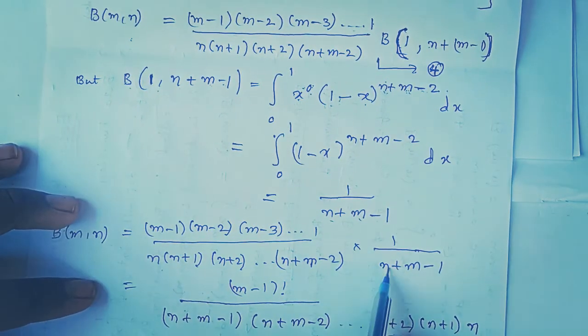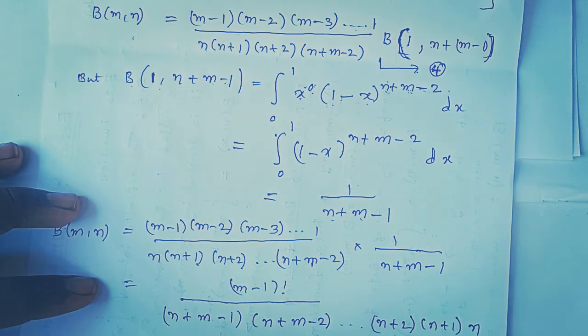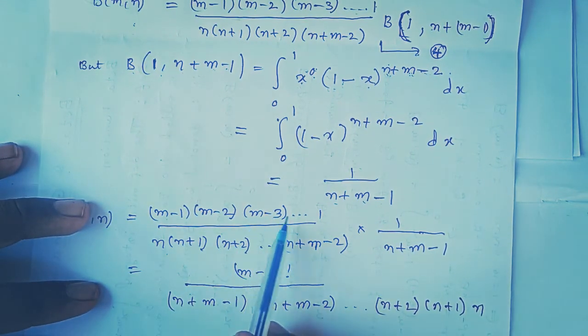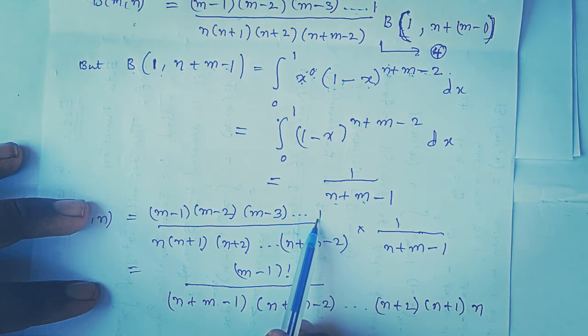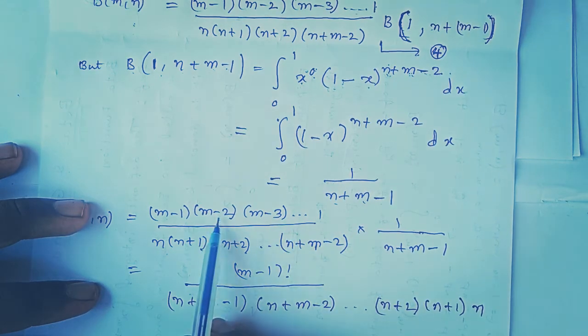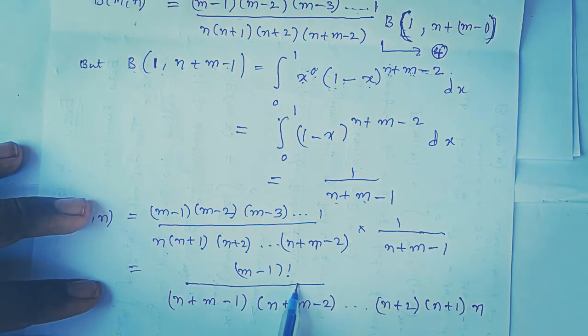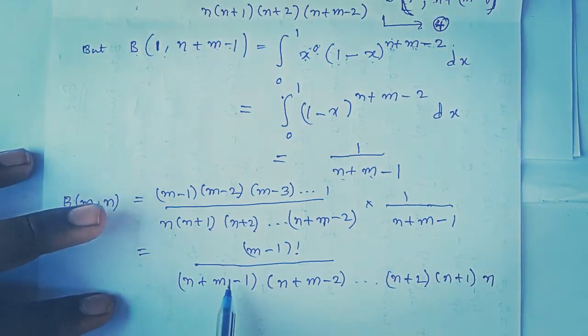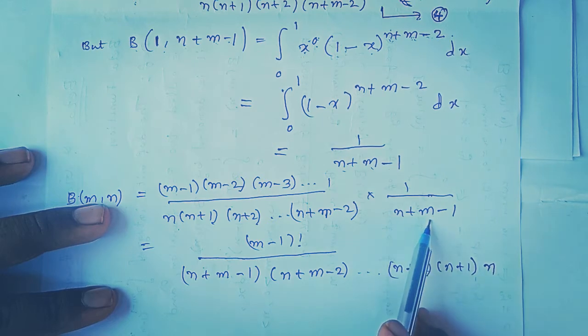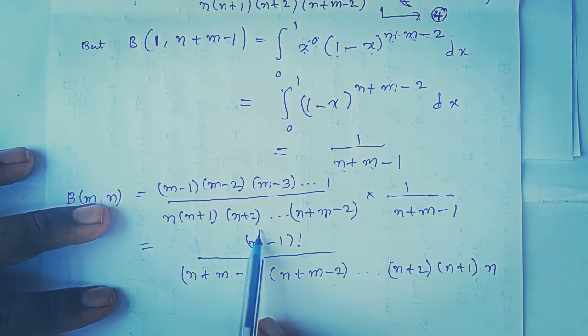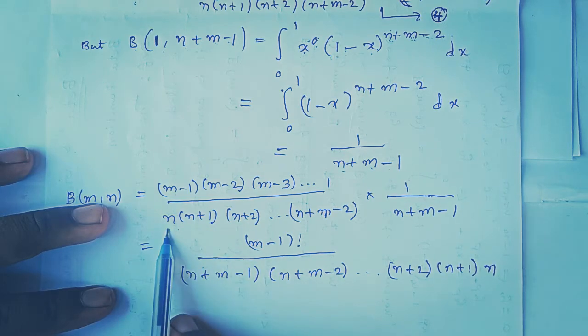Now m minus 1 into m minus 2 into m minus 3 and so on up to 1, that is 1 into 2 into 3 into and so on up to m minus 1. This will become m minus 1 whole factorial by n plus m minus 1, n plus m minus 2 and so on, n plus 2 into n plus 1 into n.